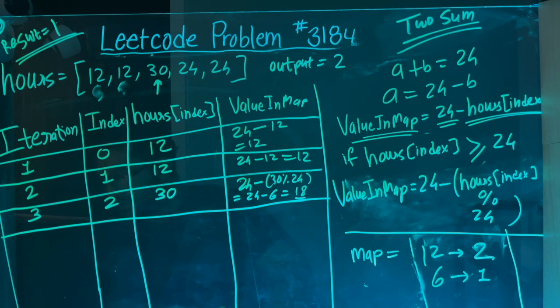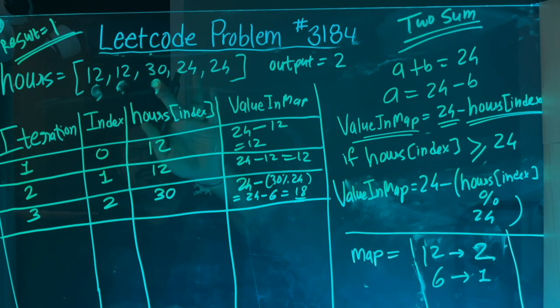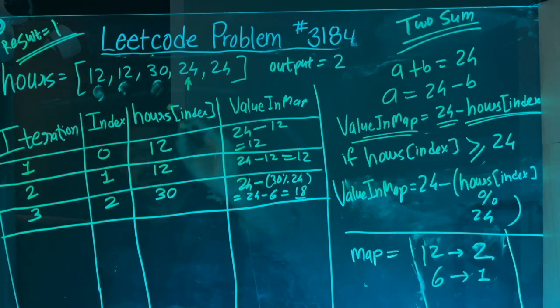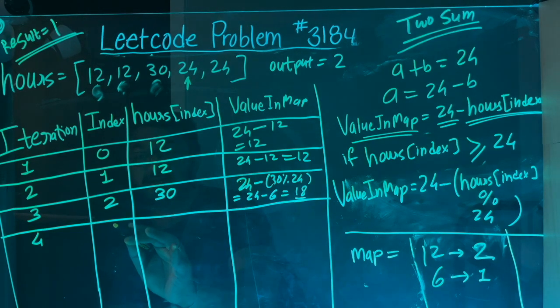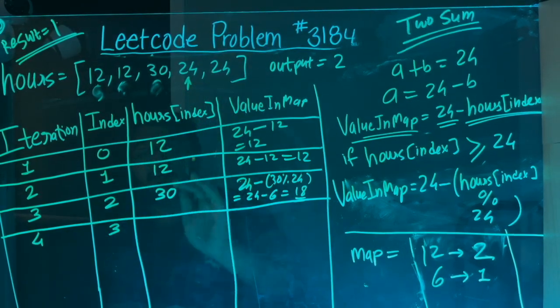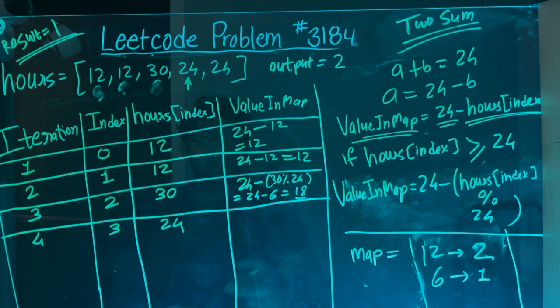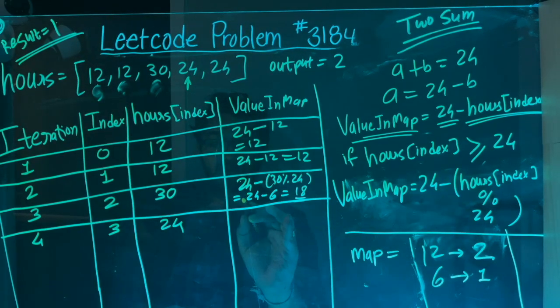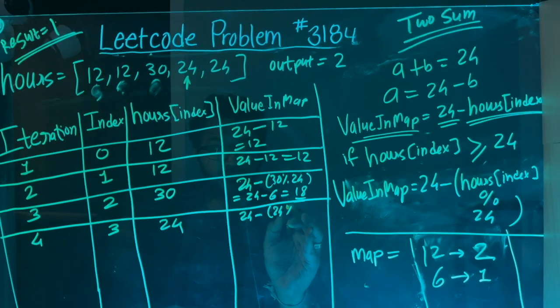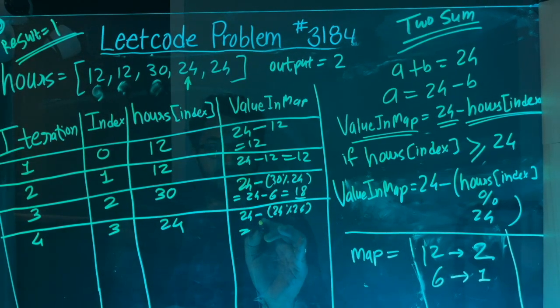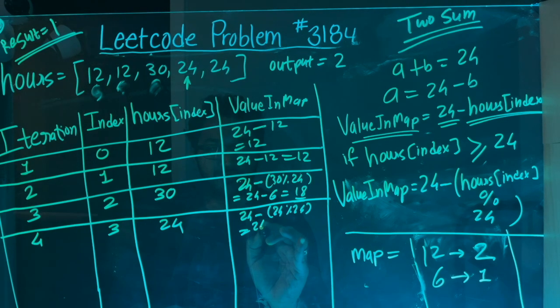Now in our fourth iteration, our index is at 3. The value of the index is 24. Now our hour is greater than or equal to 24, so we are going to do 24 minus 24 modulo 24, so it's going to be 24 minus 0, which is 24.